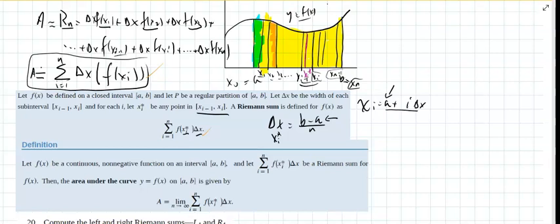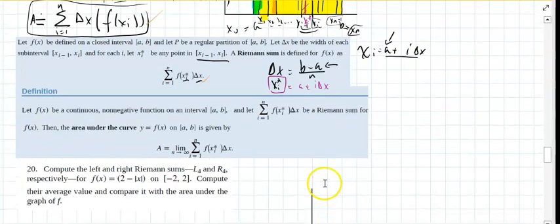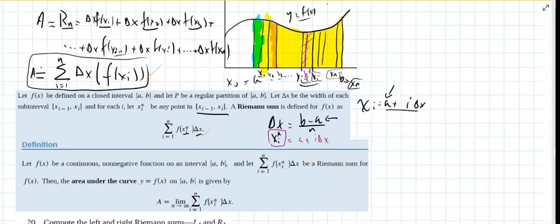The difference between ours and his is that it's still a plus i times delta x, but his x sub i star doesn't have to be a right or a left. It has to be just in there somewhere. That's the only condition. I'll talk more about it in the next section; we're not going to use this in this section. That's the core of where we're going with this.